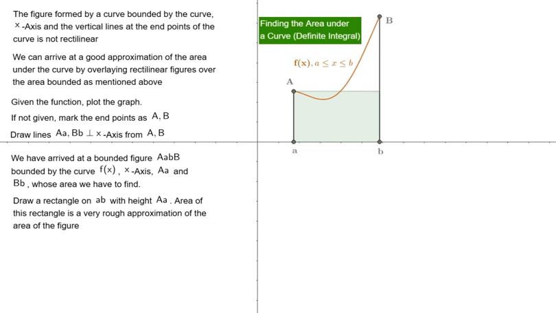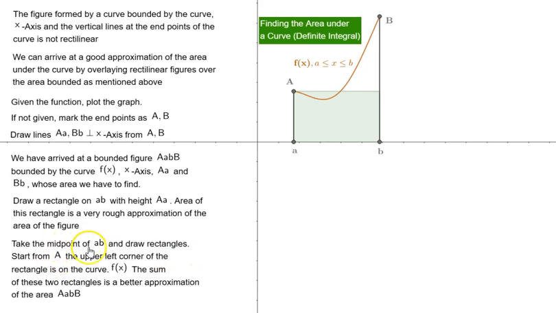So to get a better approximation, what do we do? We take the midpoint of AB and draw rectangles on those two parts.